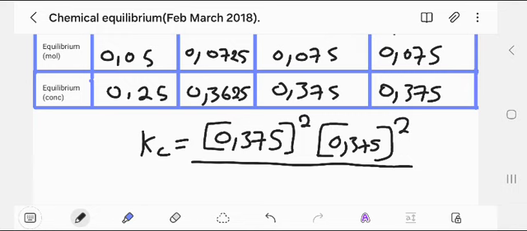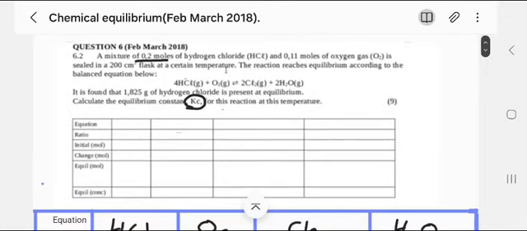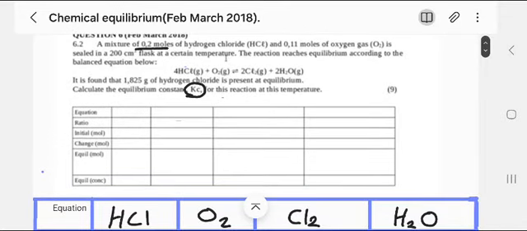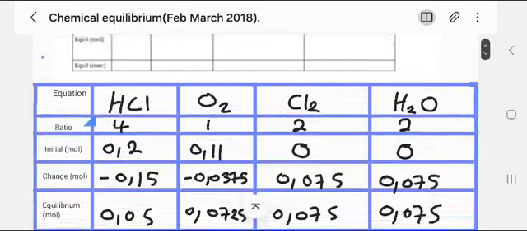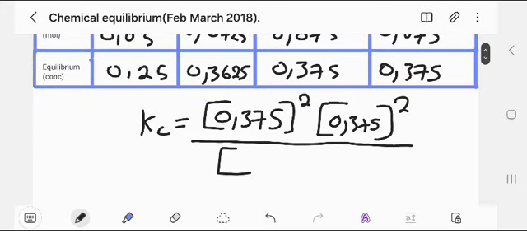Then our reactants. Also you check there before you do that, but we know that if we have solid and liquid, we don't include them in our Kc. So our reactant, we have there 0.25.